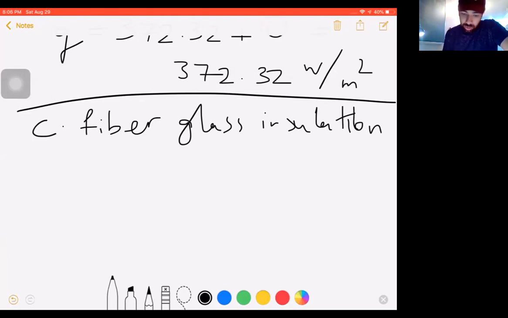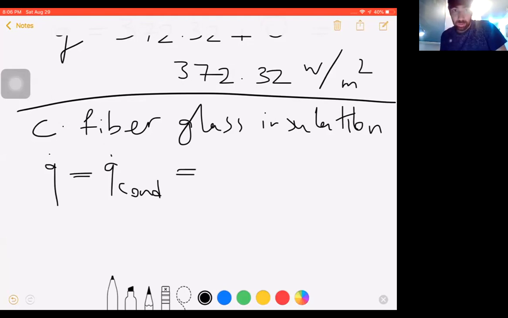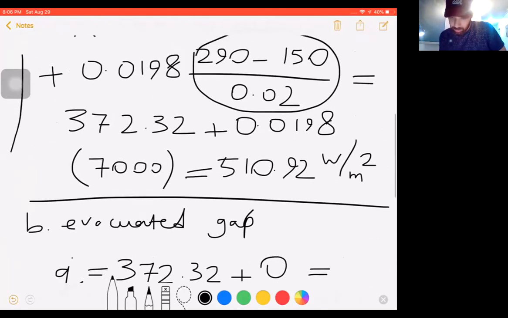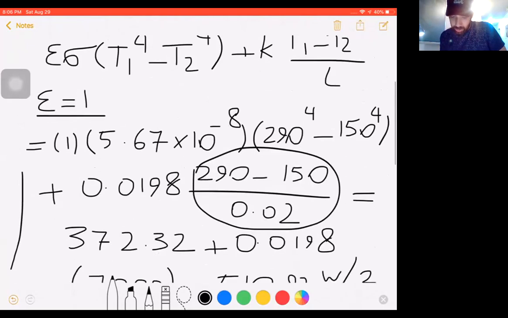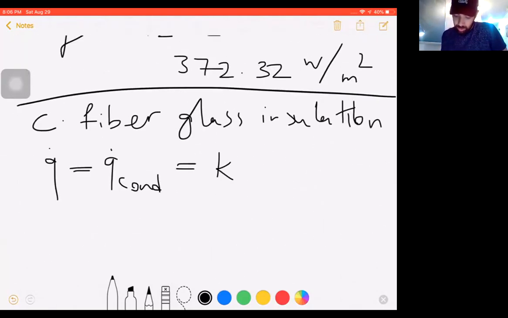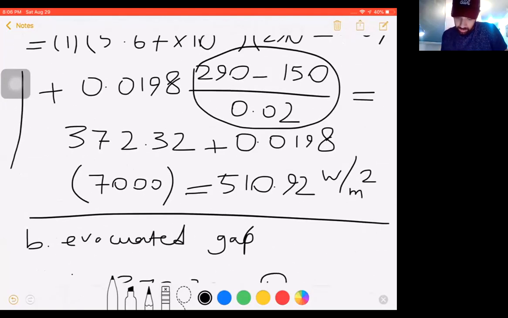There is no radiation, so total Q will be equal to Q of conduction, and is equal to K of fiberglass times delta T over L. So delta T over L is the same as we had here, which is 7,000.